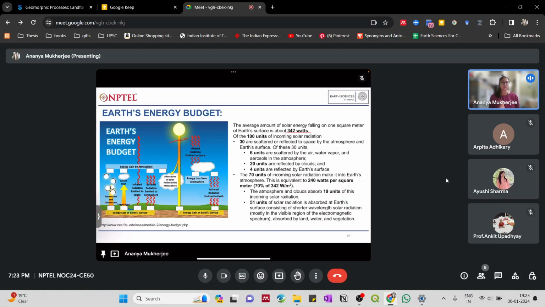Now 30 units of this 100 units will be scattered or reflected back to space by the atmosphere.